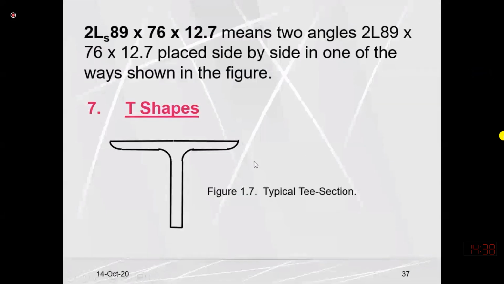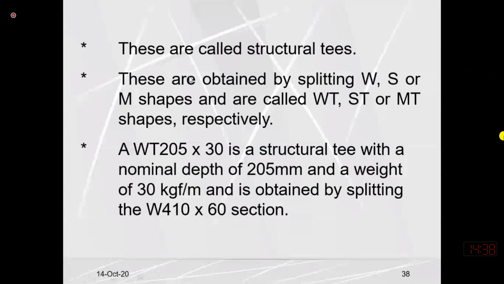Then we have the T section. In the T section, we have a T shape. T is actually half of a W section, so its designation will be the same as the W section, but we use the letter T instead of W. These are called structural T's.